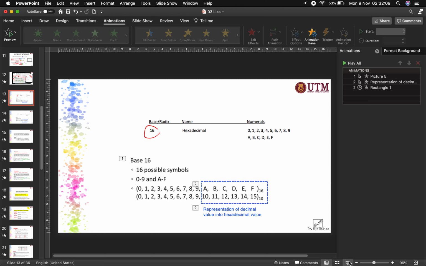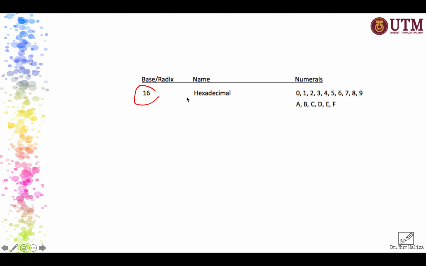Now let's take a look at base 16 first, which is hexadecimal. You can have a look that hexadecimal has 0 until 9 and then A until F. As I already mentioned before, A represents 10, B is 11, C is 12, D is 13, until F is 15.